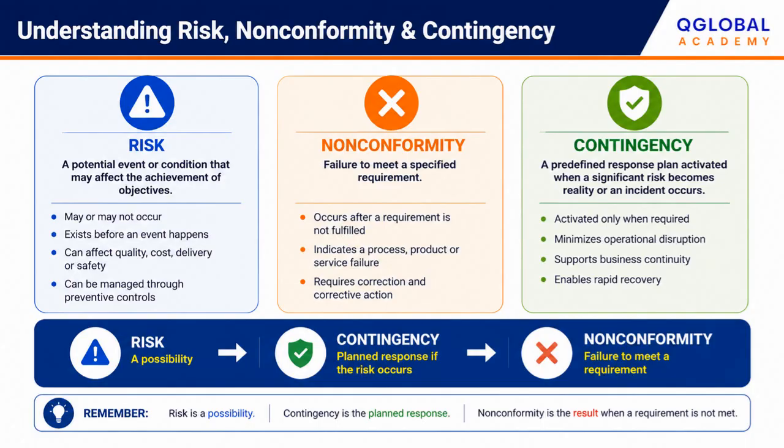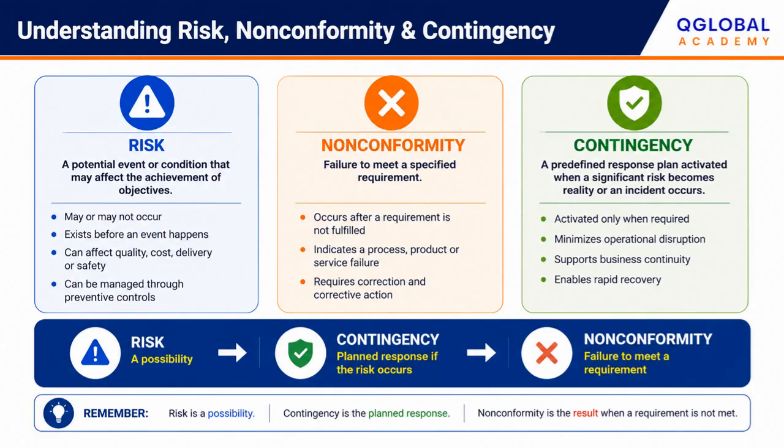A nonconformity is different. It occurs only after a specified requirement has not been met. It represents a failure in a process, product, or service. Once a nonconformity occurs, correction and corrective action become necessary. A contingency is the planned response when a significant risk becomes reality. It is activated only when required.